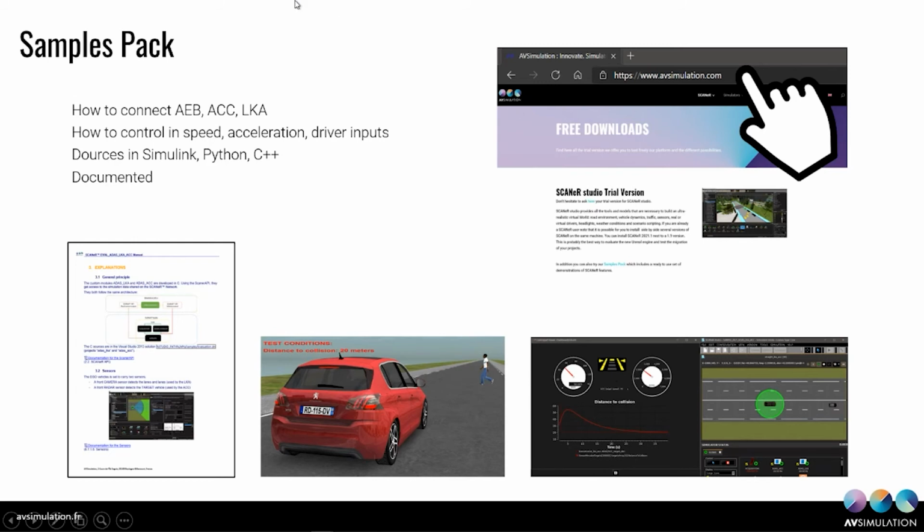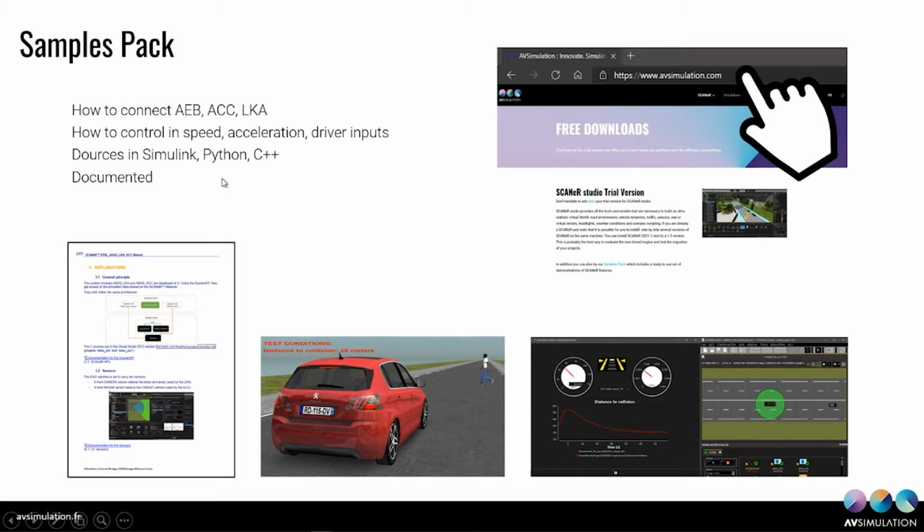And what we give also for free is a sample pack. So either for the trial users or the customers. The sample pack includes a set of configurations for Scanner and data files. You have some samples ready to use to get you started.